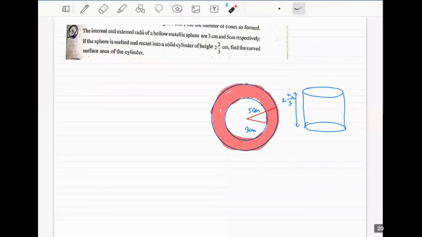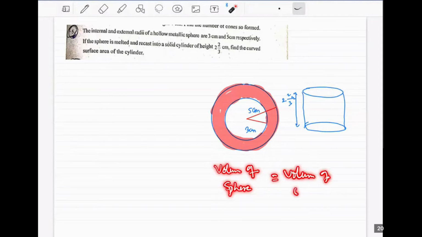So how to do it? We want the curved surface area of the cylinder. In order to do that, we need the radius of the cylinder right here. And how to find out the radius? Very simple. Since this hollow sphere is melted to form this cylinder, what will be equal? Volume of sphere is equal to volume of cylinder. You know the volume of cylinder, right?